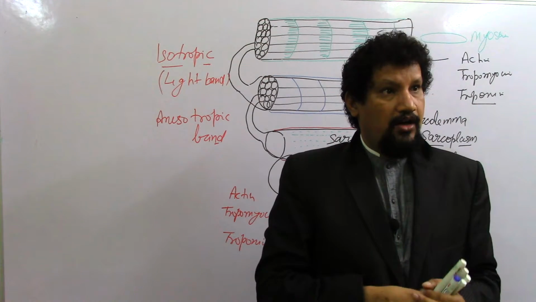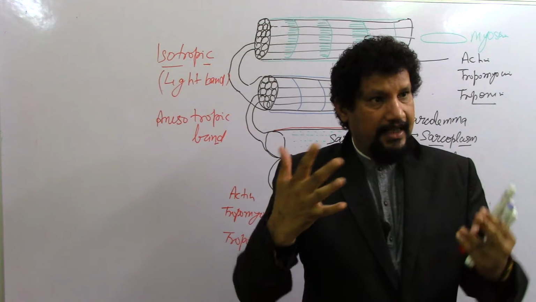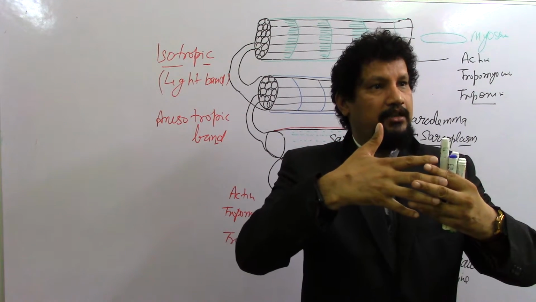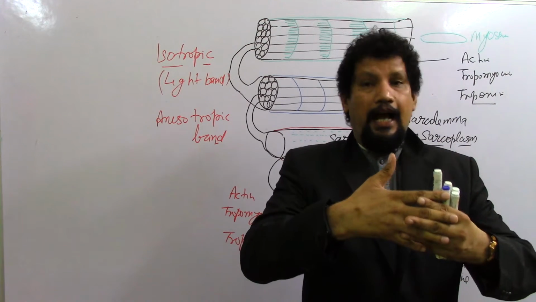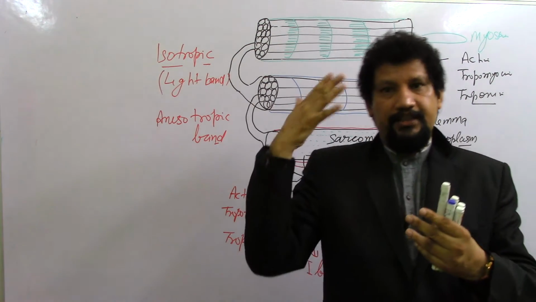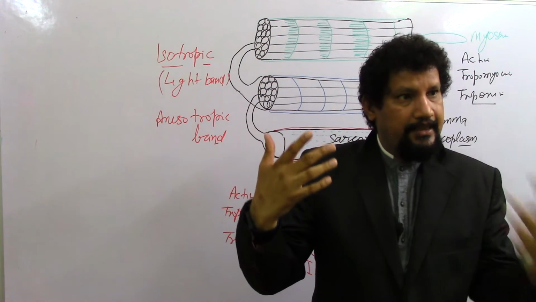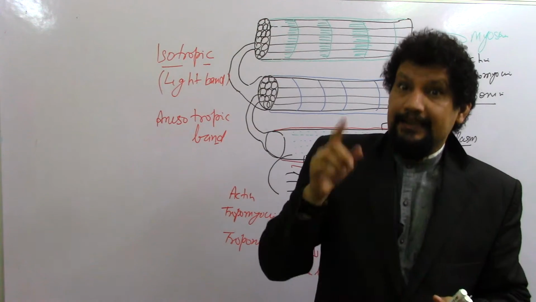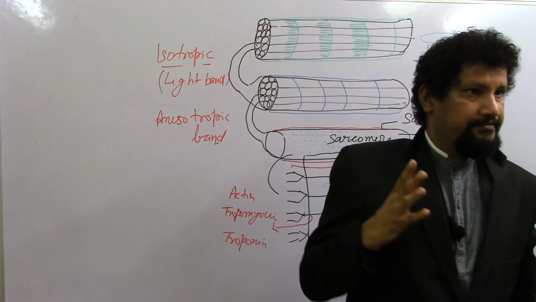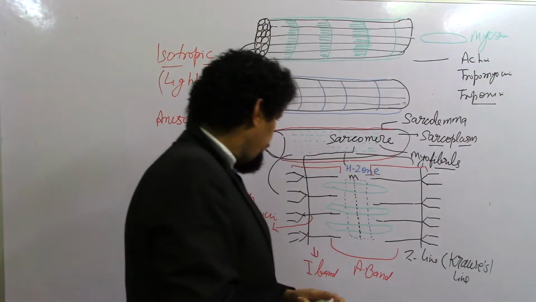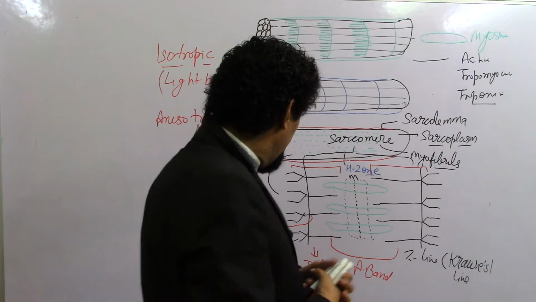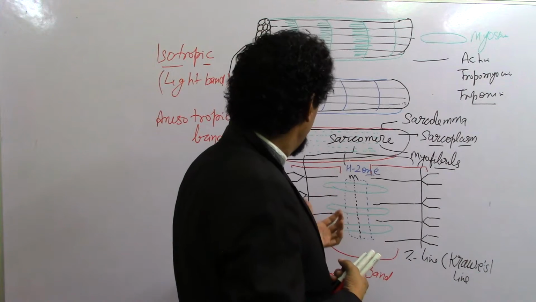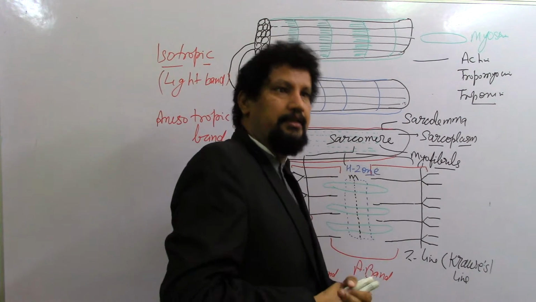There is sliding of the thin filaments inside the thick filaments during the muscle contraction, and this sliding of the thin filaments inside the thick filaments is responsible for the muscle shortening lengthwise during the contraction. So this is the basic functioning of a muscle during the active contraction.